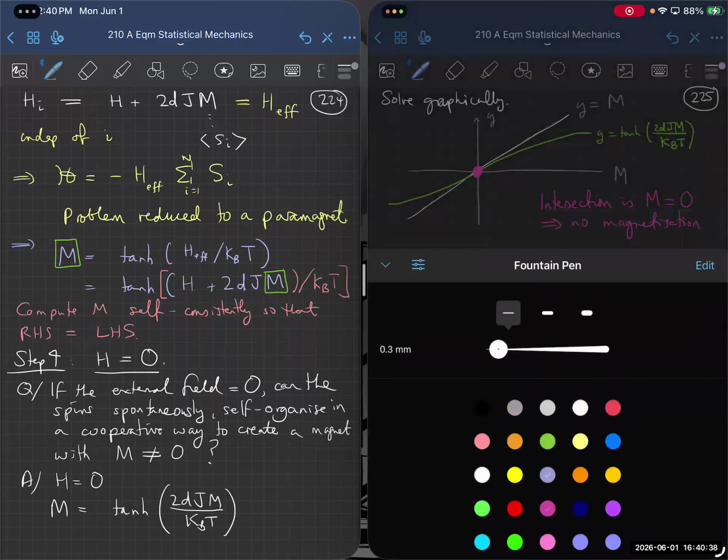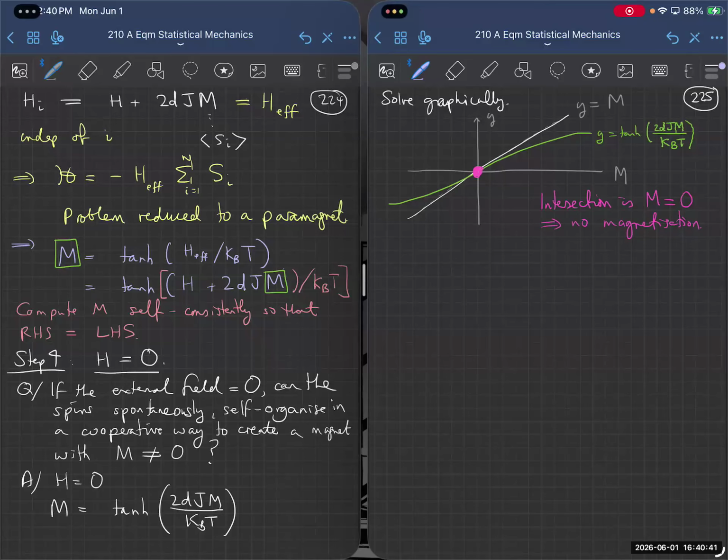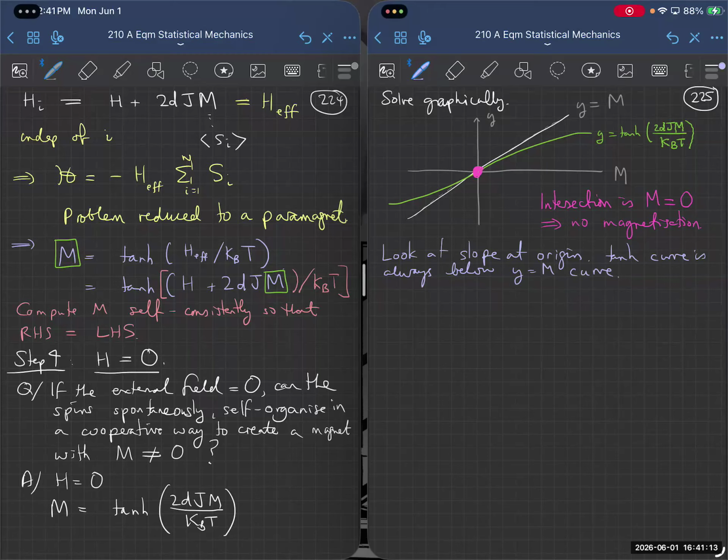But this solution is not the only solution that we have, because look at the slope at the origin. So the tangent curve is always below the y equals m curve, and so there are no intersections.